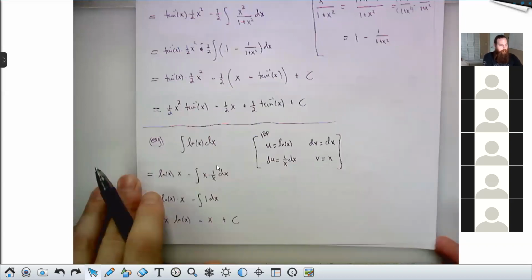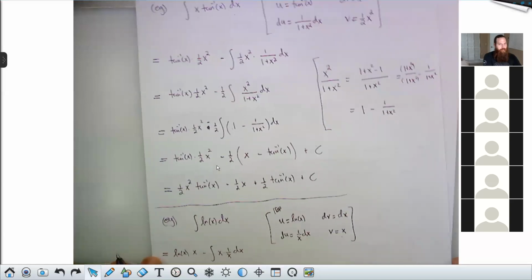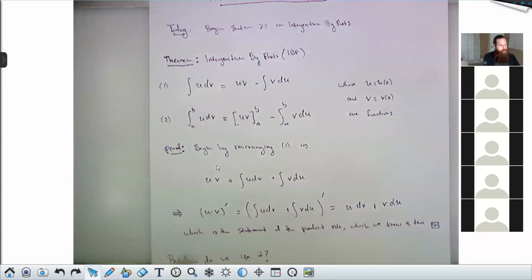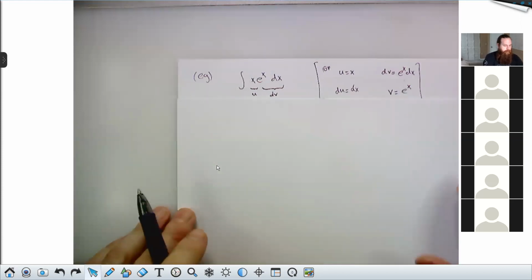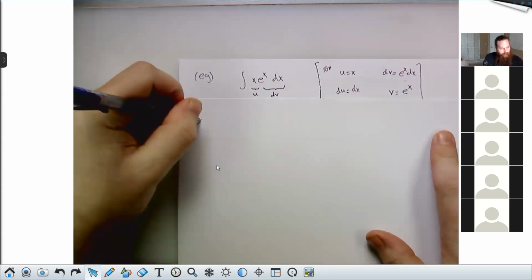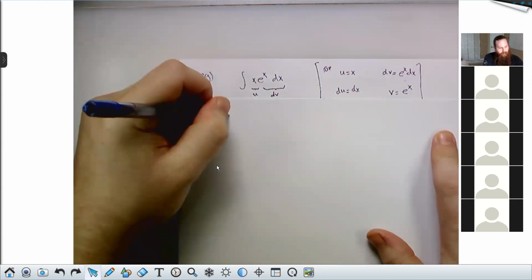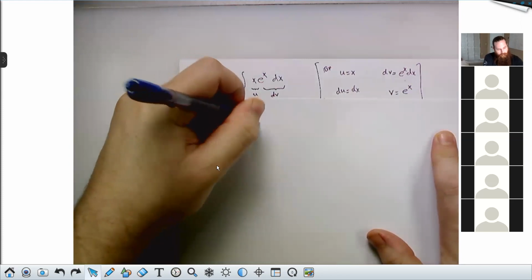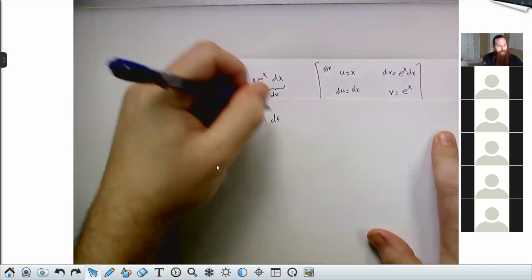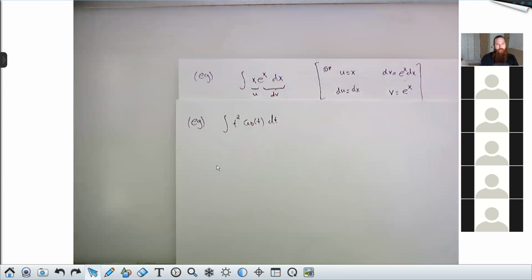So we looked at x e to the x, we looked at x arctan x, we looked at the natural log of x. Kind of along the same lines as the x e to the x integral, we don't know it yet, but e to the x and sine x and cosine x are related to each other in really, really intimate ways.